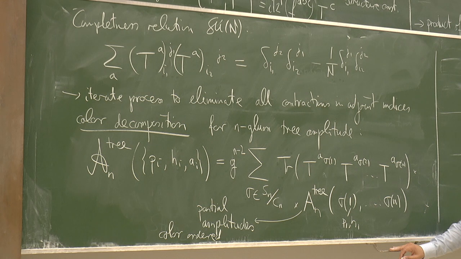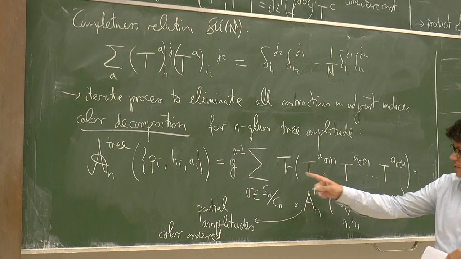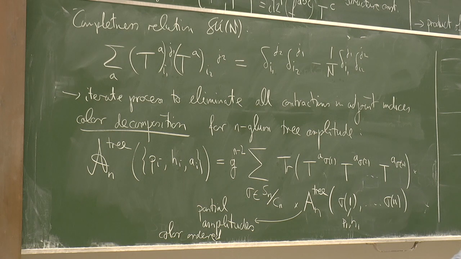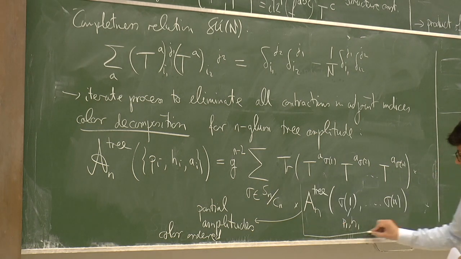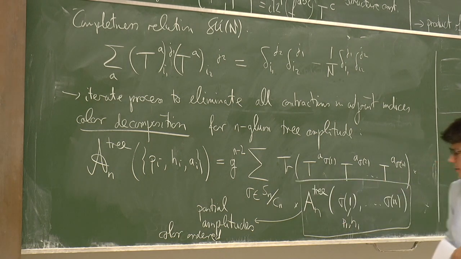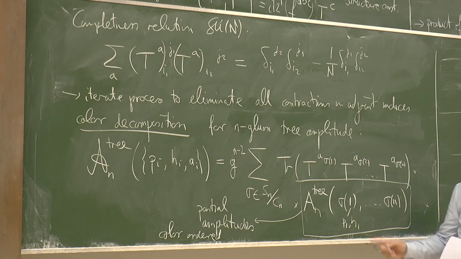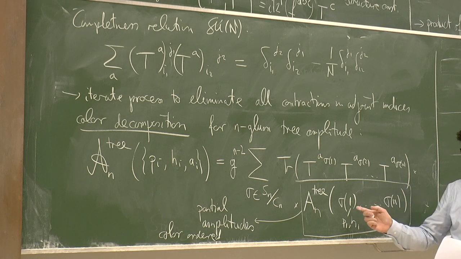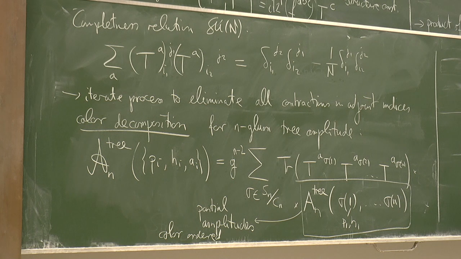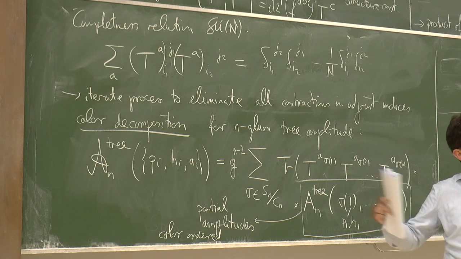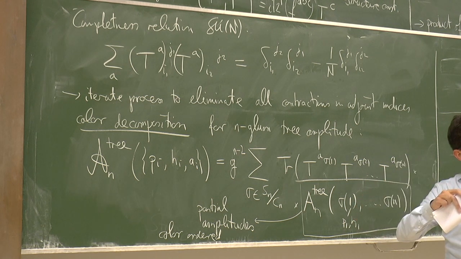So the important point is that thanks to this decomposition, we have some additional properties of these color-ordered amplitudes, namely that they can no longer have singularities in any place. So a generic amplitude can have singularities as any of the momenta, let's say pi and pj, become collinear.